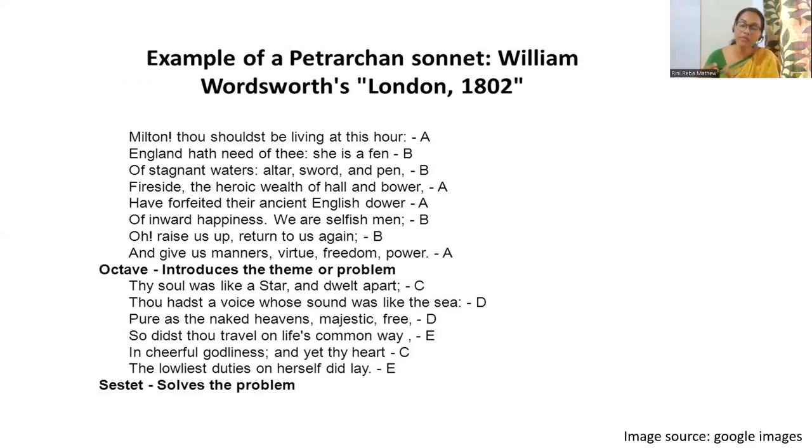Generally, a theme will be introduced on a general level in the octave, and if any problem is being addressed, it will be solved in the second stanza, the sestet.